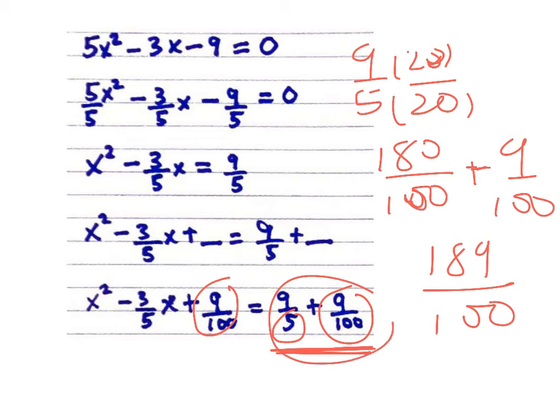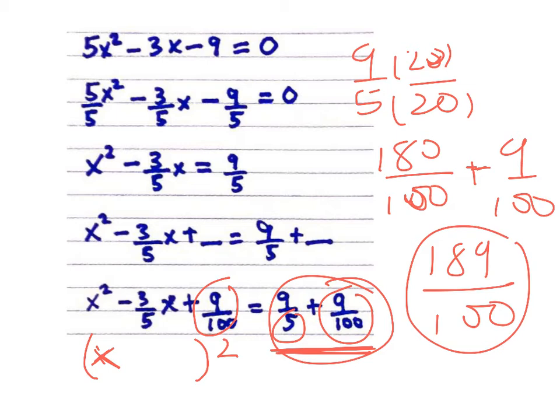That's your right side right there: 189 out of 100. And the left side is a perfect square, which you're going to write as x minus something squared. To find the second element of the binomial, you have to take half of 3/5. We already did that before.